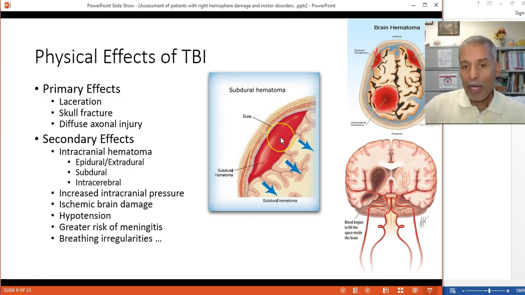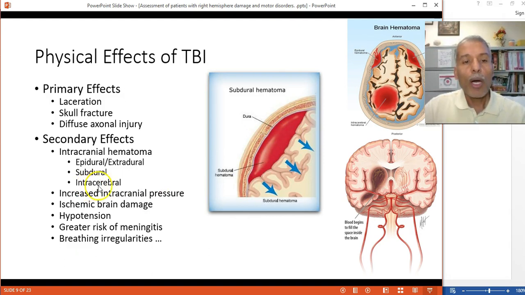This is a common area for rupturing of blood vessels, because the arachnoid membrane that is beneath the dura is an area that has many blood vessels. So if one breaks, it is going to cause pooling, and that pooling is going to increase over time as the vessel or vessels continue to leak blood, and then you continue to put pressure on the areas that are beneath the blood pool.